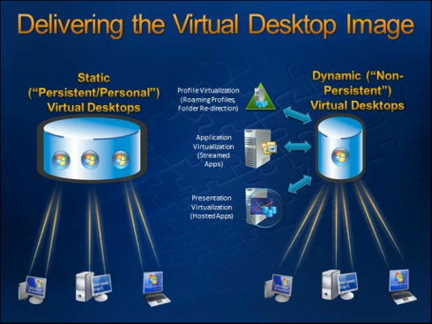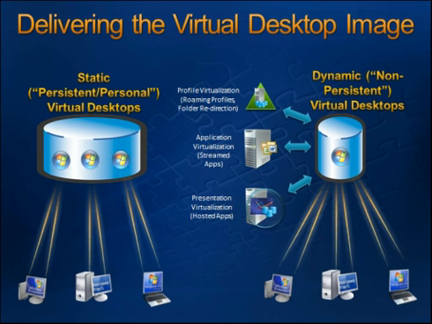For example, in your environment, if you have 100 users and you want to use static virtual desktop, then you need to deploy 100 virtual machines. The second deployment type is the dynamic virtual desktop, which we normally call non-persistent.